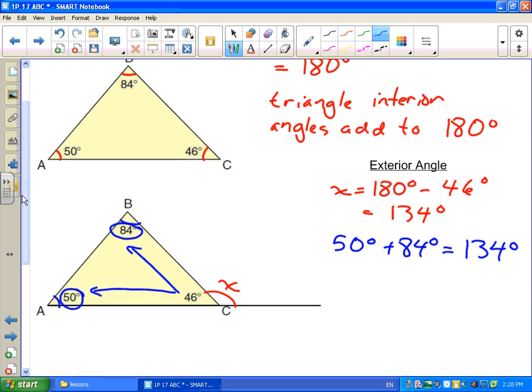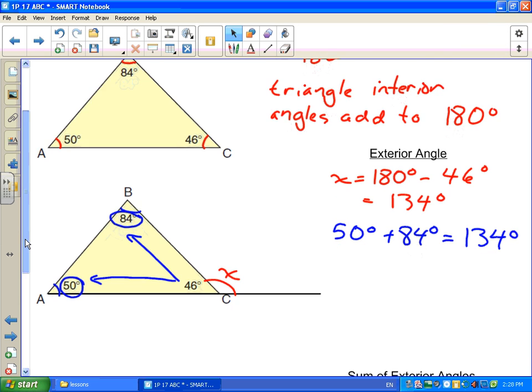Okay? So an exterior angle of a triangle is always equal to the two interior angles that are on the opposite side. You add up those two interior angles and you get the exterior angle that is on the opposite side.